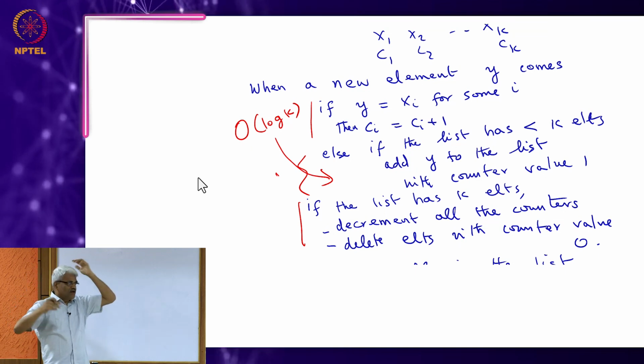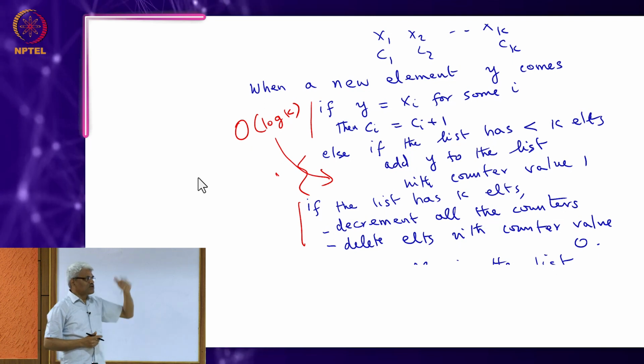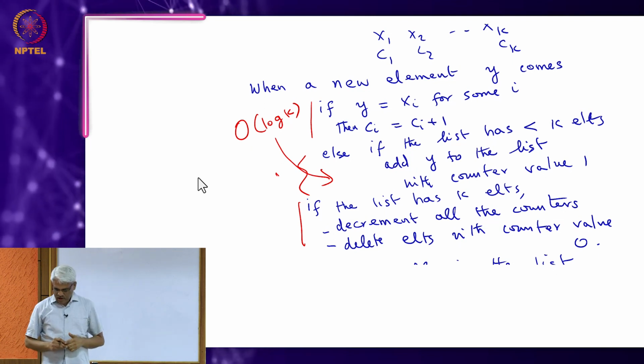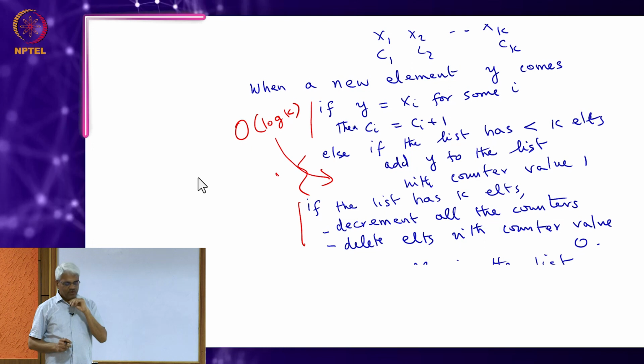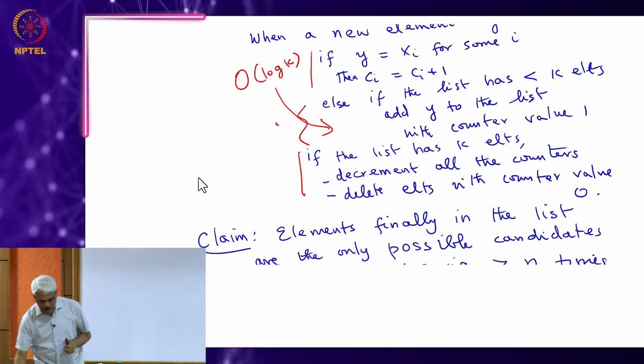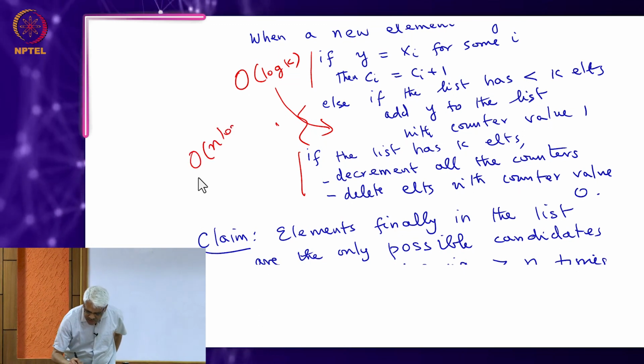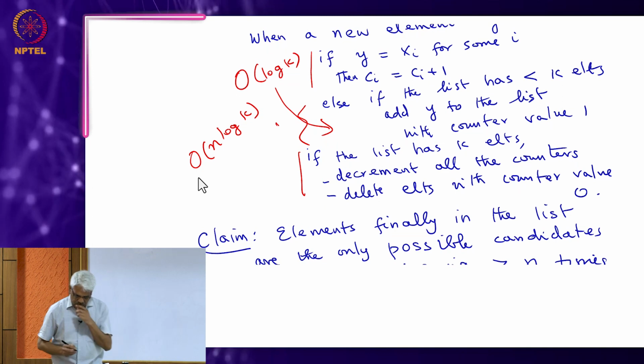Maybe some other variable you keep track of, saying how much decrement you have done. Think about it. But if I'm happy with even nk or n log k, I'm going to say that this time is like n log k.